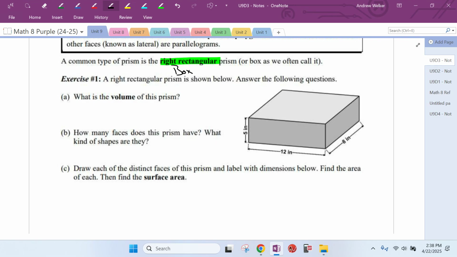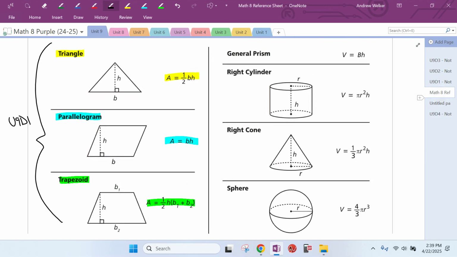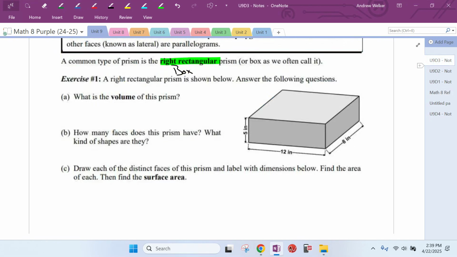If we look at this prism, to find the volume, we could use the formula, which is right here, which says the volume of a prism is B times H. So we got to talk a little bit about what that big B stands for. We're going to use the volume formula V equals BH.